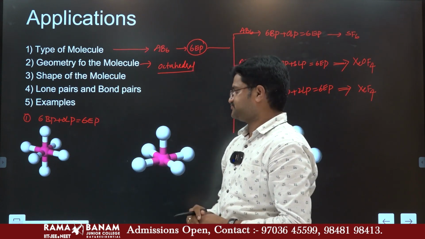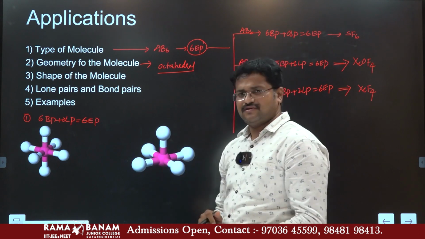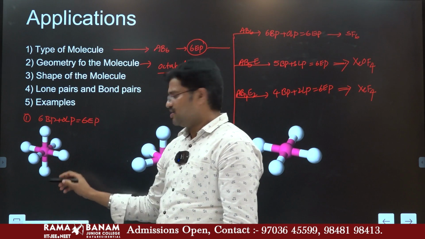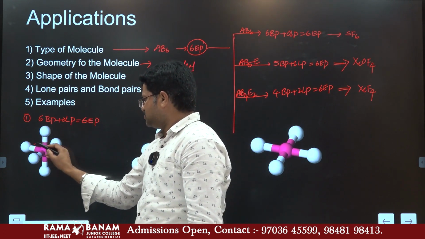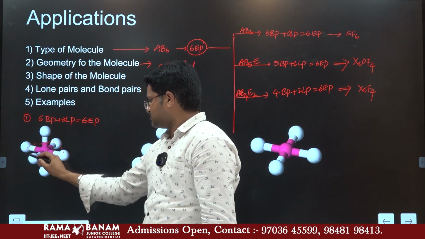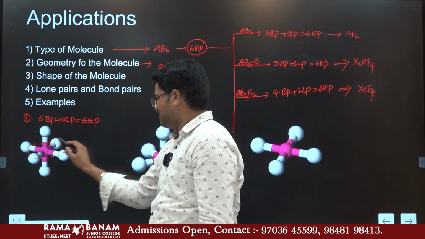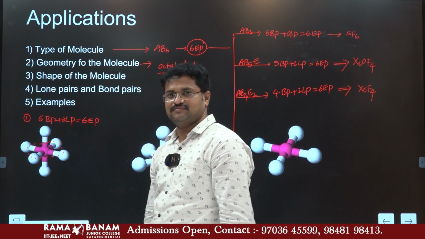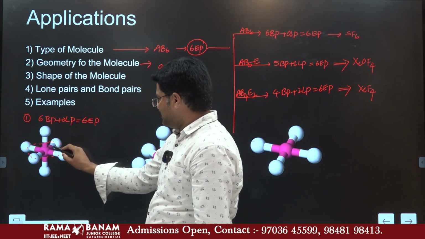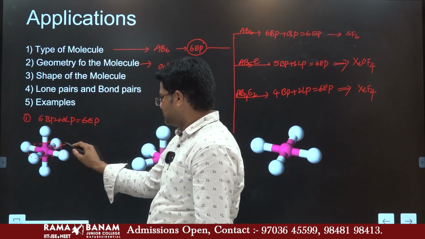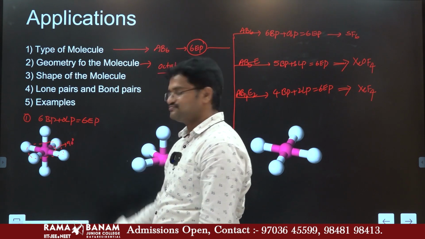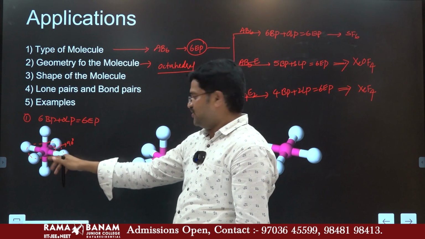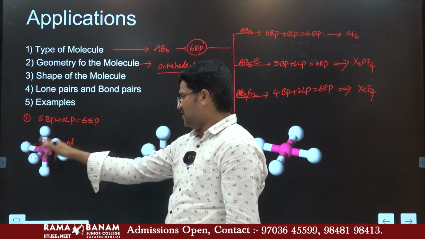In octahedral, out of 6 electron pairs, 4 bonds are in plane. These 4 in plane form a square planar arrangement, right? And the angle between these bond pairs is 90 degrees. Above the plane 1 bond and below the plane 1 bond, totally 6 bonds.